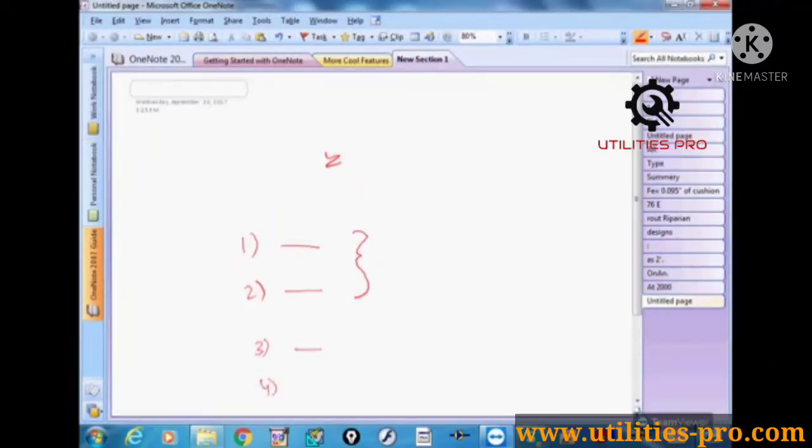And points 3 and 4, prepared by whom? You can write by contractor. 3 and 4 by contractor means shop drawing and as-built drawing by contractor, and concept drawing and design drawing by consultant.